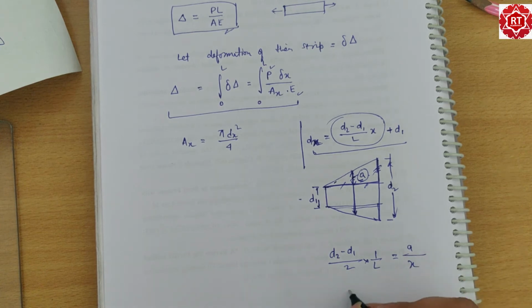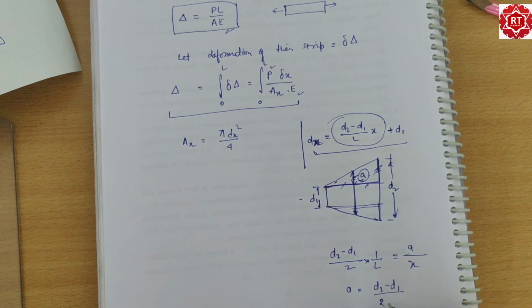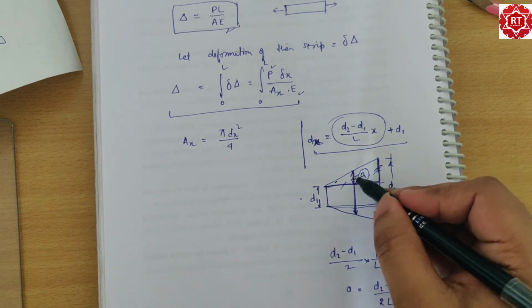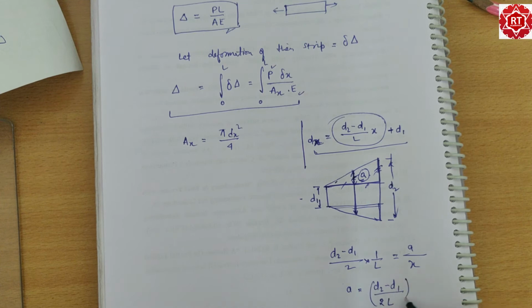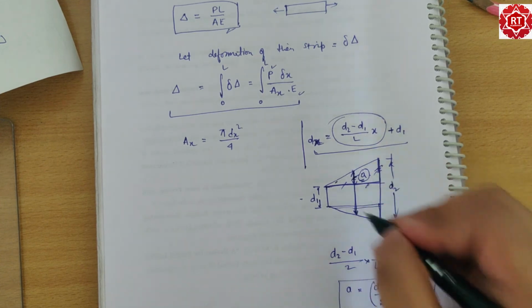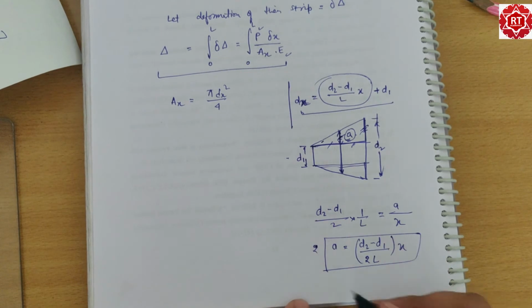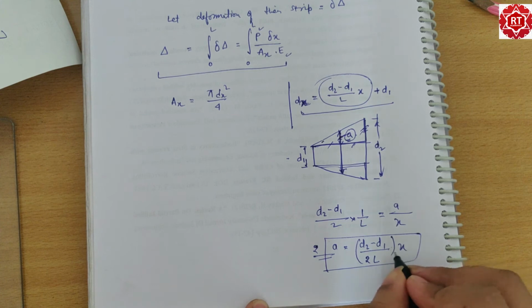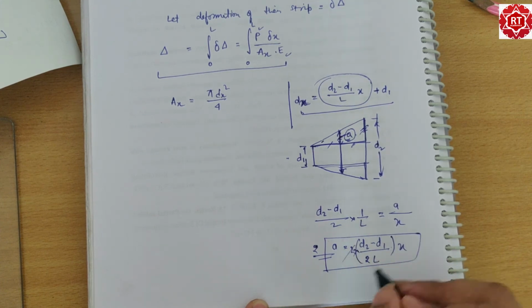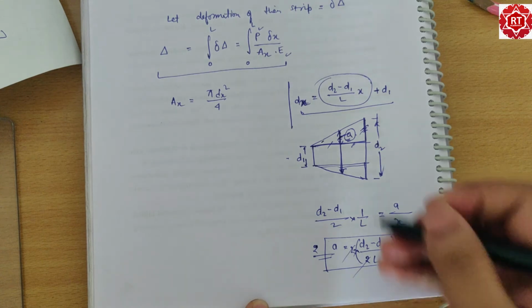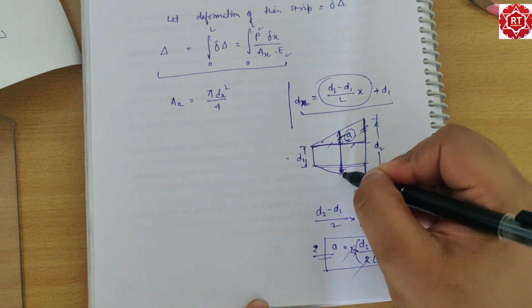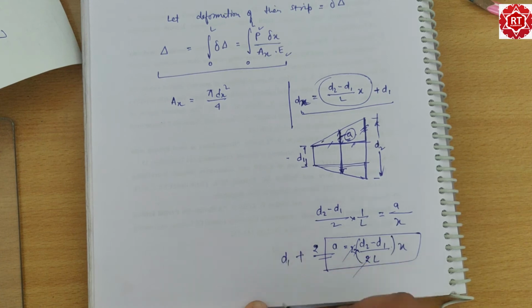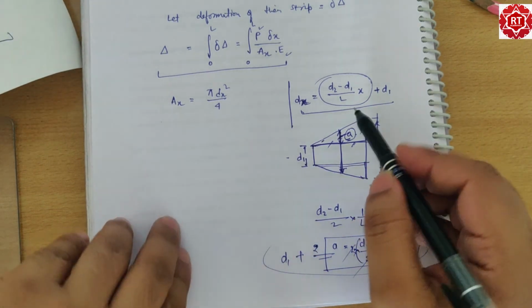So a is equal to d2 minus d1 over 2L into x. For both sides I can make 2a, so multiply by 2 in this relation also. The 2 and 2 cancel out, so the total distance is this plus this. Now if we add d1 in this relation, we have the same relation.